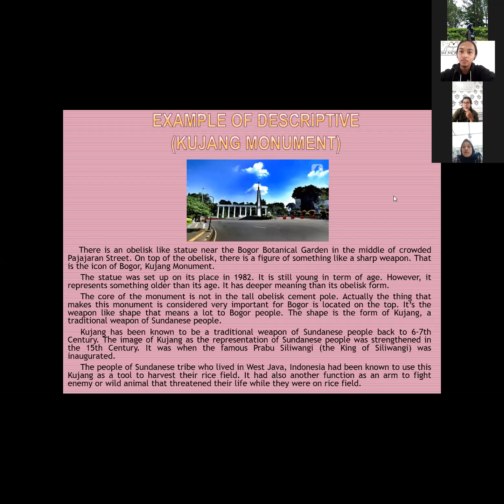The core of the monument is not in the tall obelisk cement pole. Actually, the thing that makes this monument considered very important for Bogor is located on the top. It's the weapon-like shape that means a lot to Bogor people. The shape is the form of kujang, a traditional weapon of Sudanese people. Kujang has been known to be a traditional weapon of Sudanese people back to the 6th to 7th century.